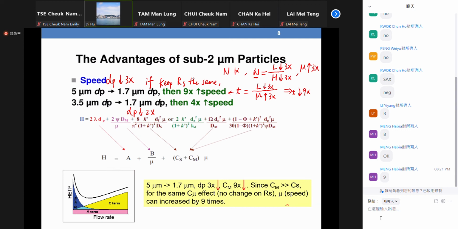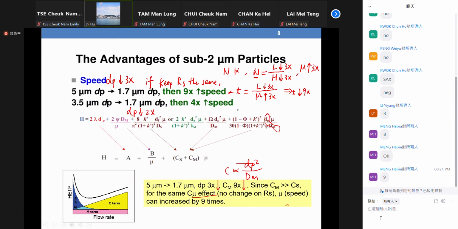And Cm, as we mentioned, is proportional to dp squared over Dm, right? So if dp decreased by 3 times, that Cm decreased by 9 times. That means for a similar effect, you can use a much faster speed.